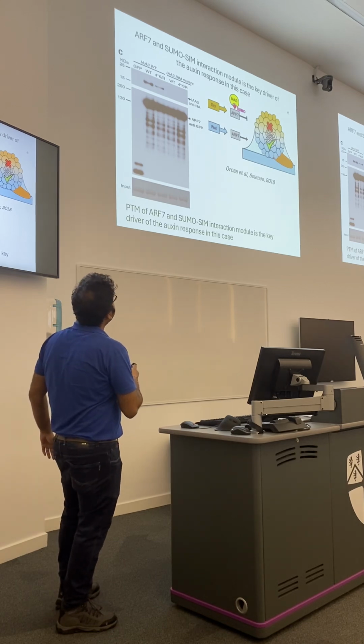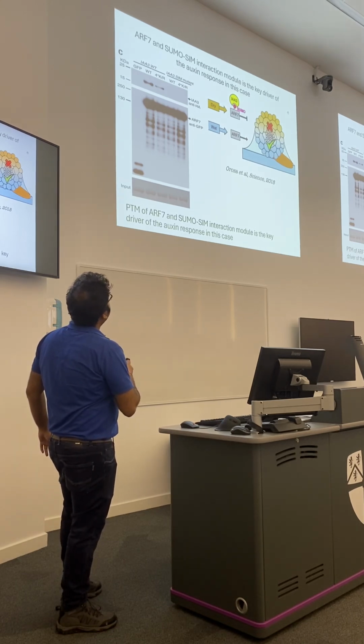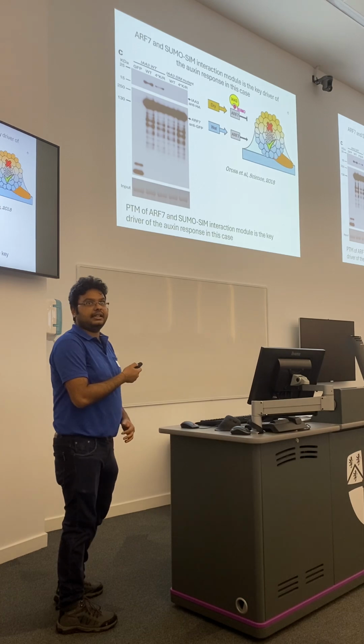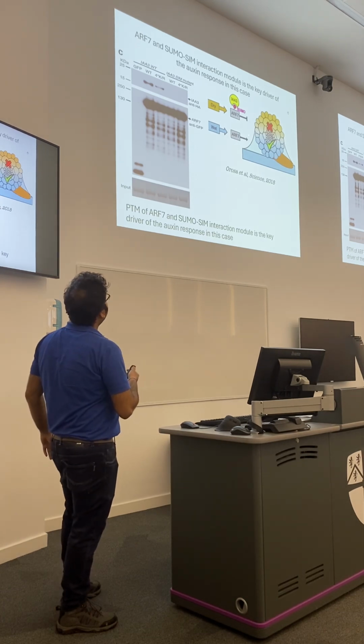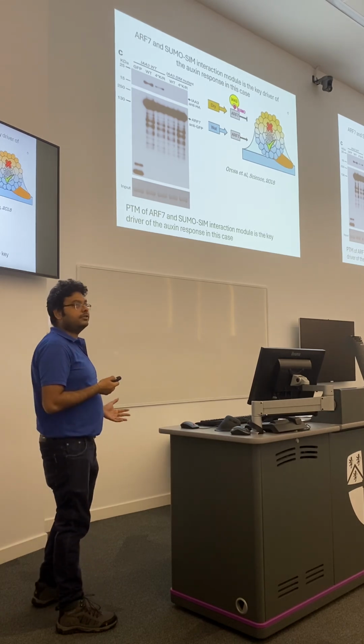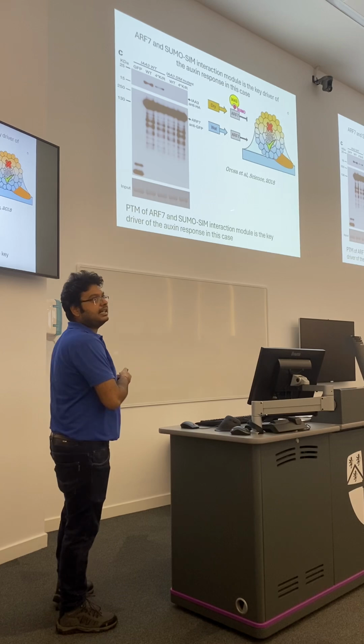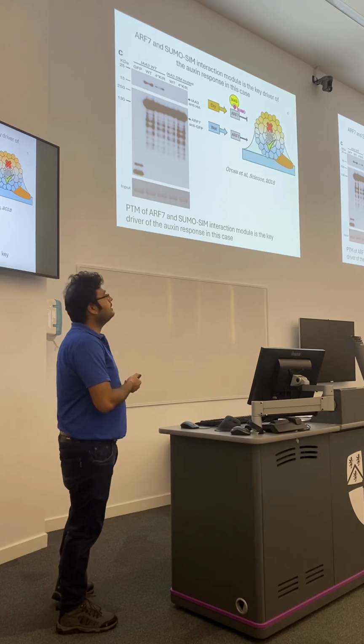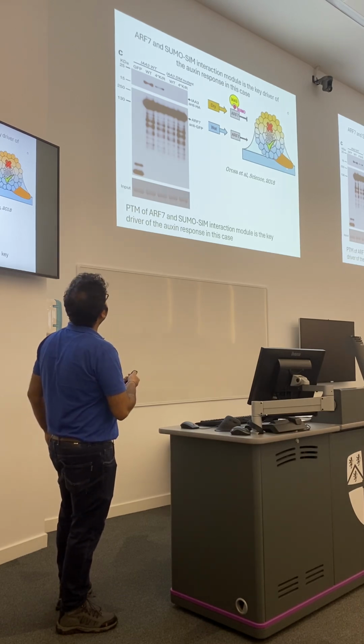When this happens on the drier side, because there is IAA3, there is repression, and therefore there is no lateral root formation on the dry side. However, on the wet side, ARF7 is not SUMOylated, and therefore IAA3 is not recruited, and therefore there is no repression, and ARF7 can activate the transcription of the target genes, leading to lateral root development.